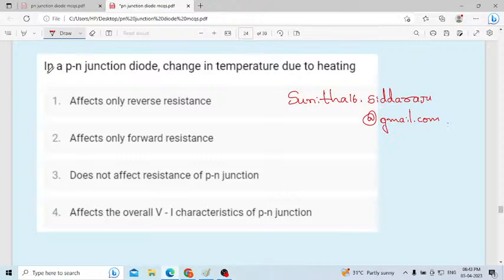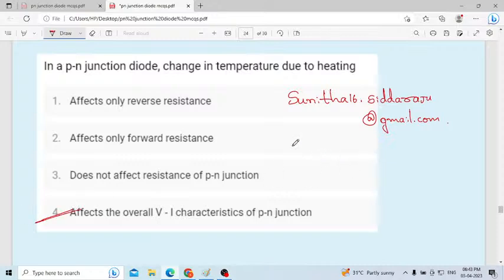Okay, in a PN junction diode, the change in temperature is due to heating. Tell me the answer. Option four is the correct answer.